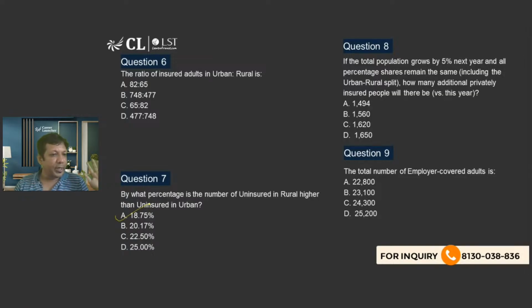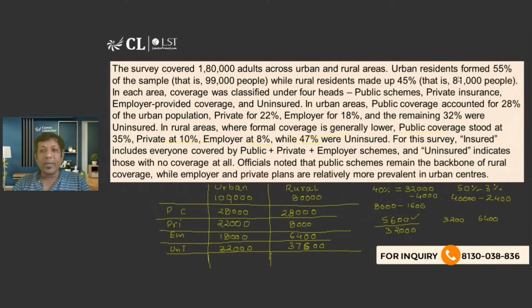Not going to solve completely. If the total population grows by 5% and everything else remains the same, it means everything increases by 5%. How many additional privately insured people will there be? How many privately insured people do we have now?